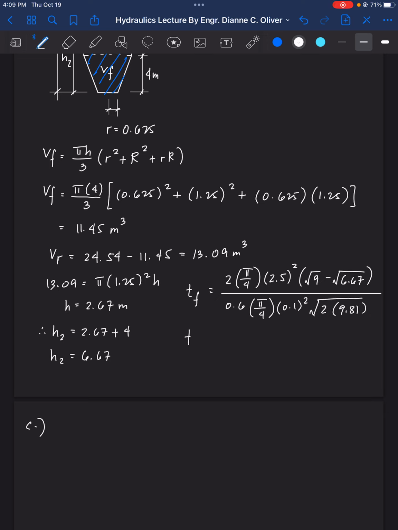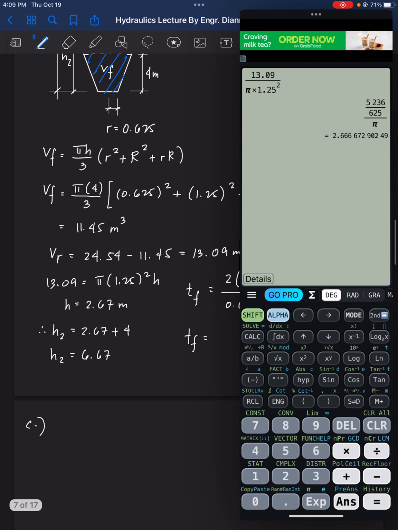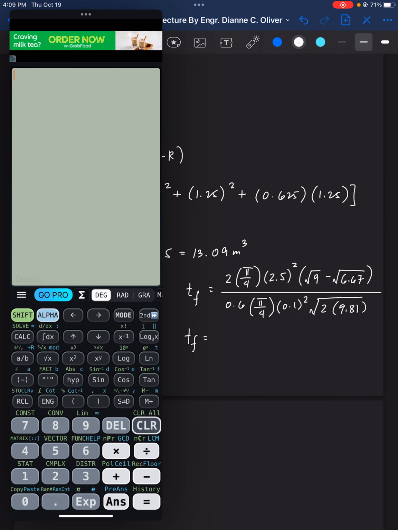So time to remove water at the frustum of the cone is now equal to, cancel, pi over 4, square root of 9 minus square root of 6.67, 0.6 times 0.1 squared, square root of 2 times 9.81.